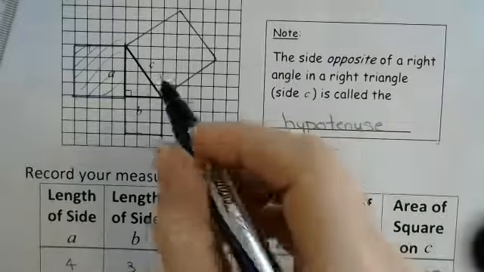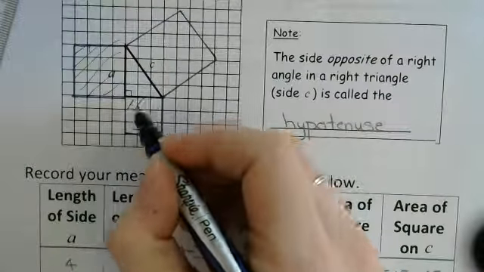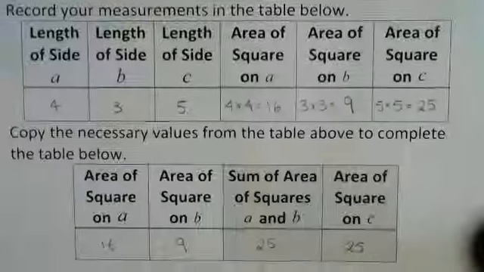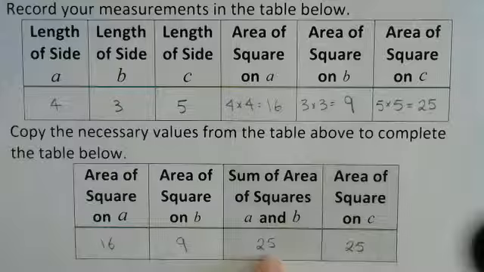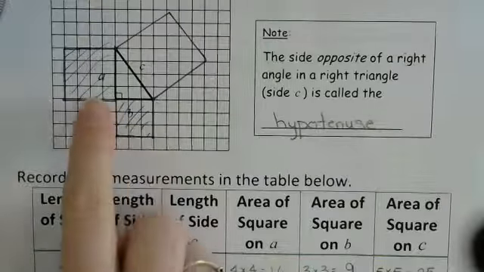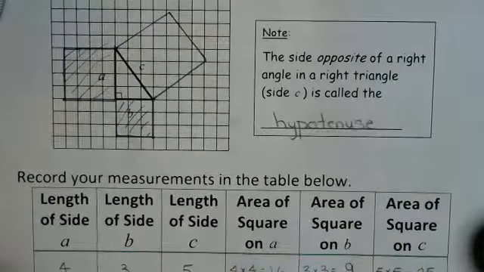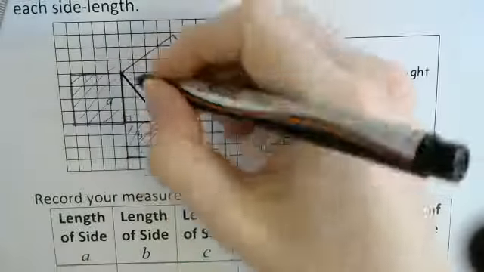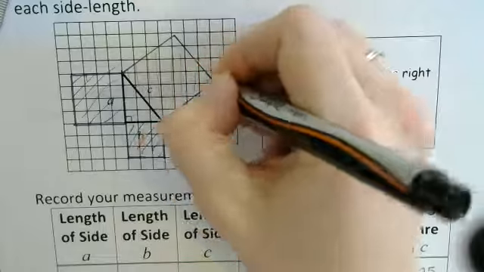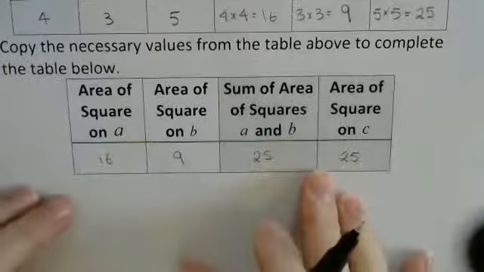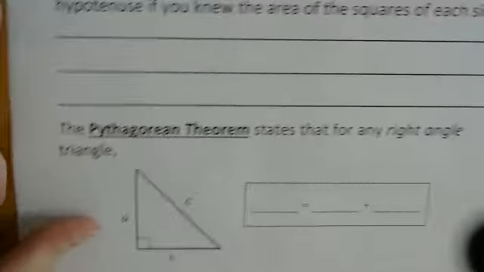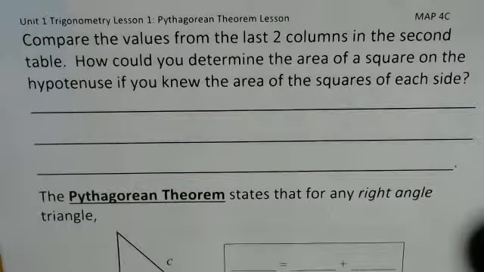So that means that these two areas added together, like we did down here, these two areas added together off of B and A, should give us the area off of C. So how could you determine the area of the square on the hypotenuse?